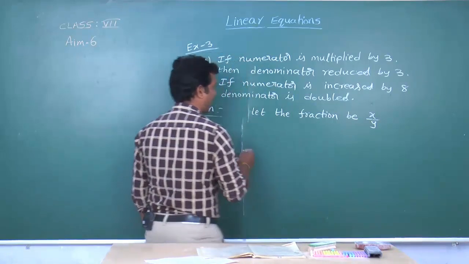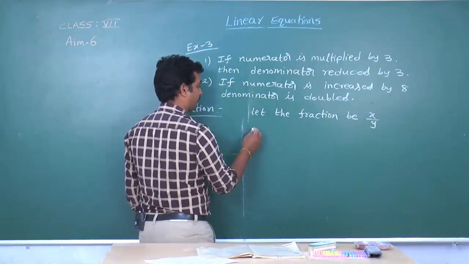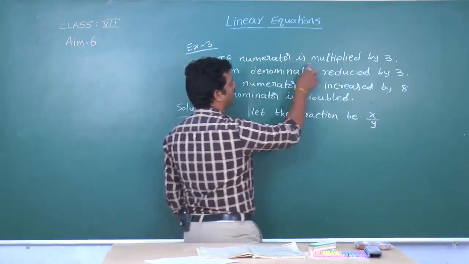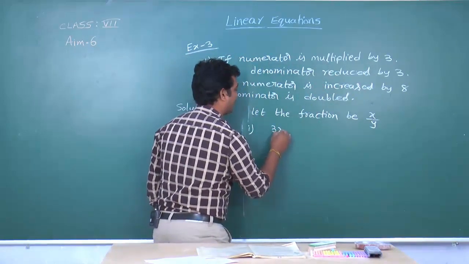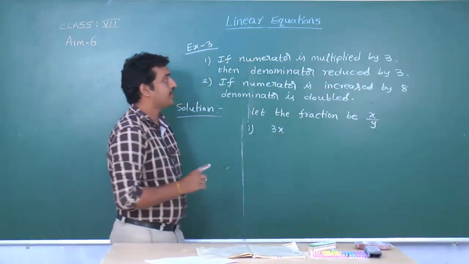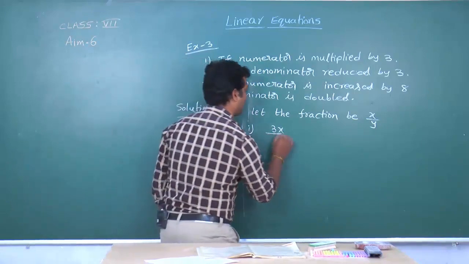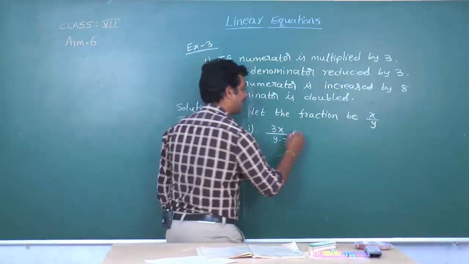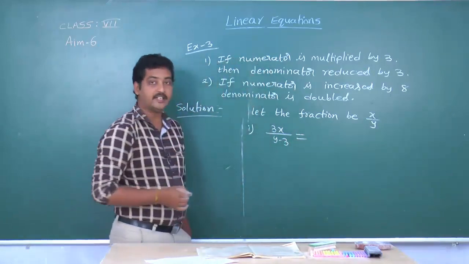Now, according to the problem, first condition, whenever numerator is multiplied by 3, that is 3x, denominator is reduced by 3, that is y minus 3, is given as 18 by 11.